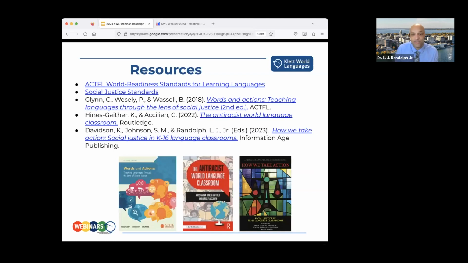I have here some resources for additional reading: the World-Readiness Standards, the Social Justice Standards, and 3 books that I think are important. I have Glynn, Wesley, and Wassell's text there from ACTFL, Words and Actions. Cassandra Glynn and Cecilia Akselsson recently published The Anti-Racist World Language Classroom, which I think is a great text.